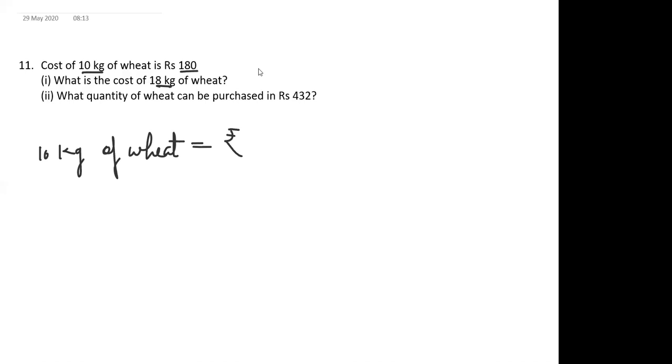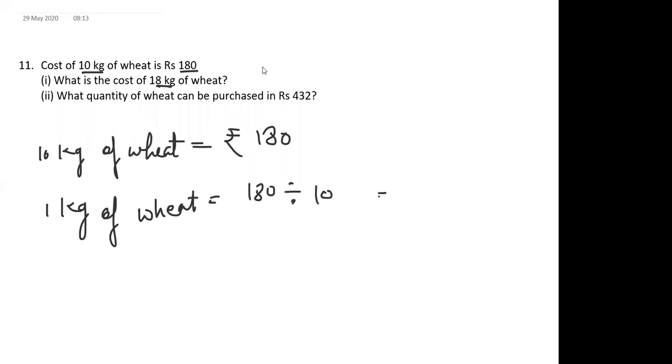So 1 kg of wheat is equal to 180 upon 10, means rupees 18. This is the cost of 1 kg of wheat.